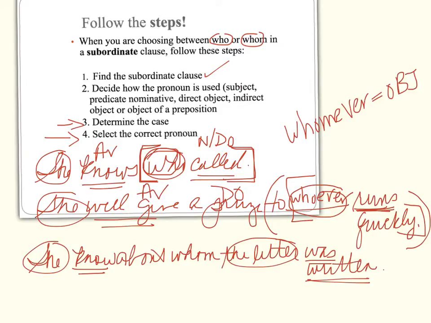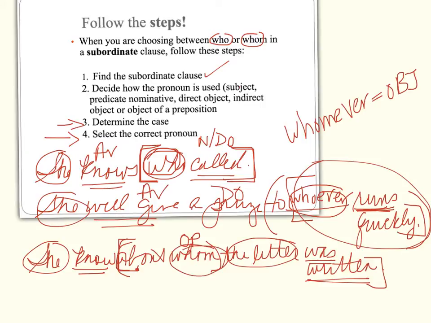My verb already has a subject, but this preposition needs an object. So whom is the object of the preposition, and my clause would start here, and my prepositional phrase would be inside my clause. So in the previous example, the clause itself was the object of the preposition. Here, the word is the object of the preposition.